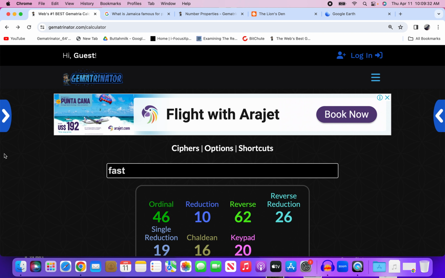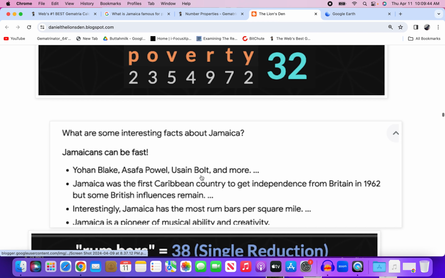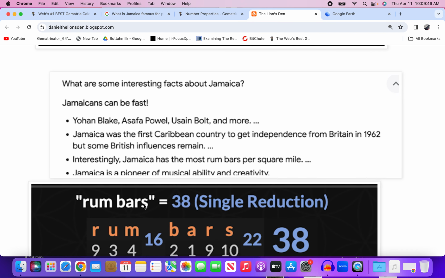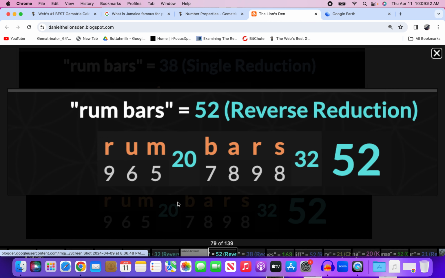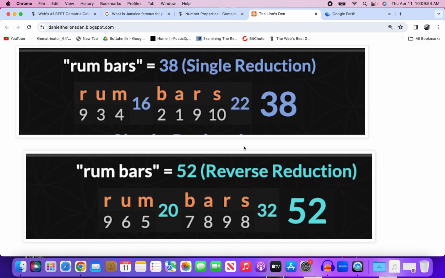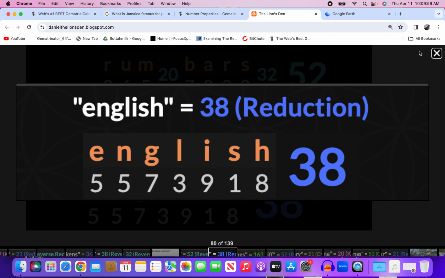Fast equals 20, just like Jamaica. Has the most rum bars per square mile. That's what I took the screenshot for. Rum bars, they're everywhere. They equal 38. Also 52, just like Jamaica. They speak English, that equals 38.